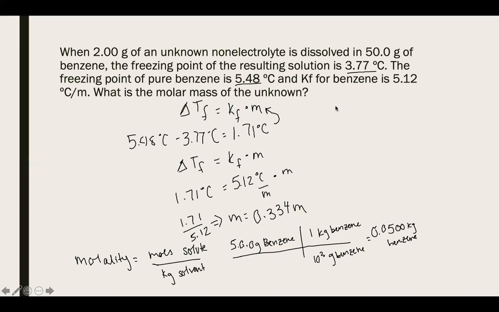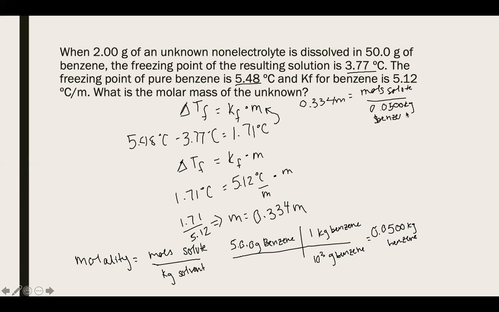And so we would do molality, 0.334 molal, equals the number of moles of our solute, which we want because our solute is our unknown electrolyte, divided by the mass of our solvent.